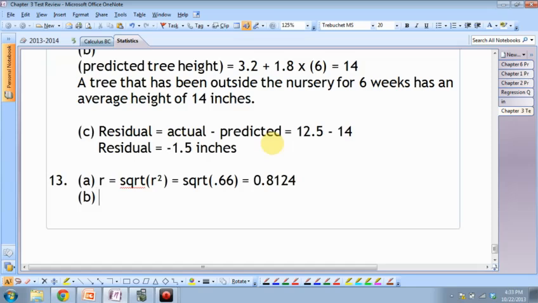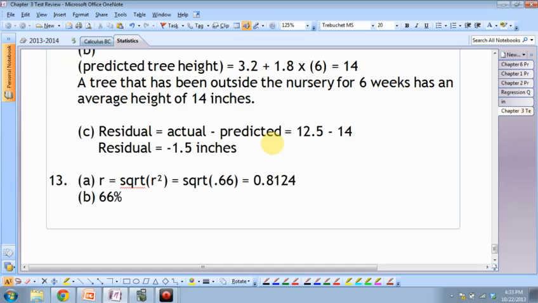B. Explain the value of R squared in context. What was R squared again? It's 0.66. R is the correlation coefficient, and R squared is the coefficient of determination.